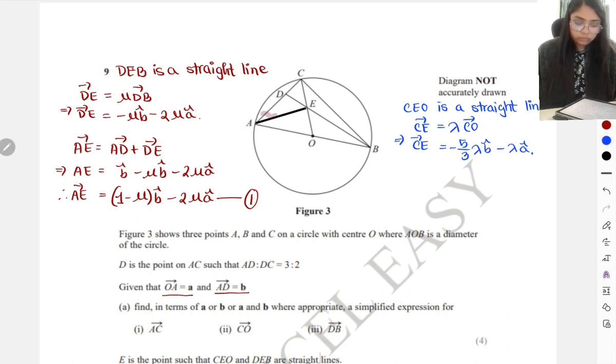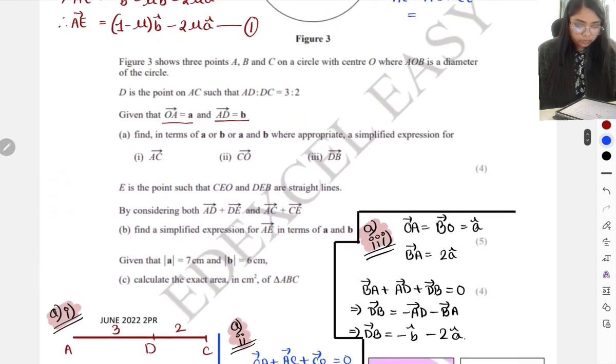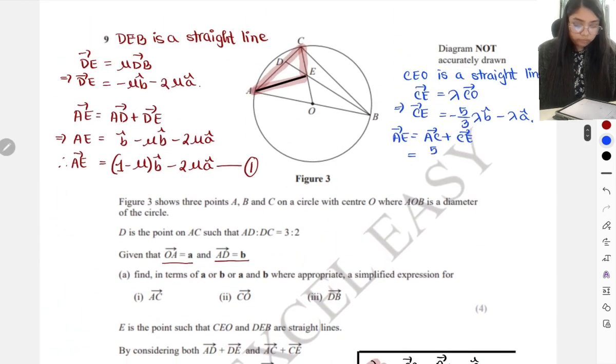Now again, I can focus on this part of the triangle, AC, CE, and AE, right? That would also give you a value of the vector AE in a different format. So AE is equal to AC plus CE, where AC we already calculated as 5 by 3 b, and CE is minus 5 by 3 lambda b minus lambda a.